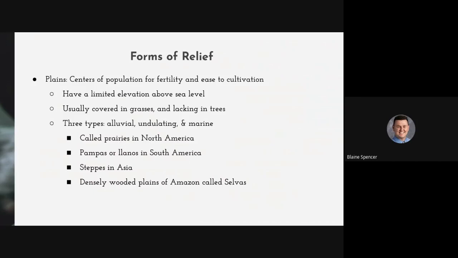We see that these are different terms for plains throughout the globe. These play a specific purpose for the world. This is where the bulk of people grow crops, where we get our food source for the world throughout all of history.